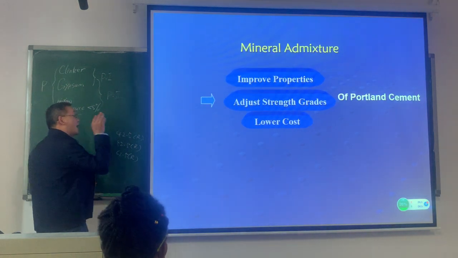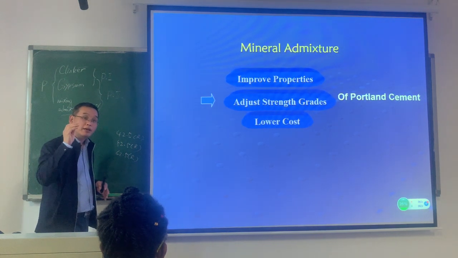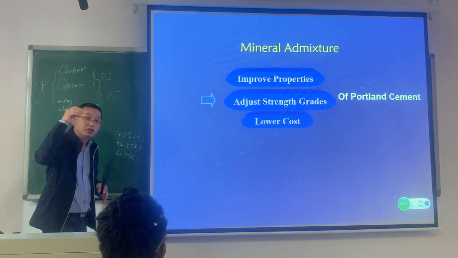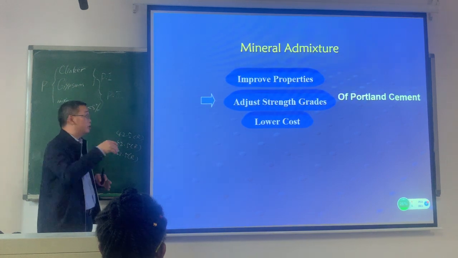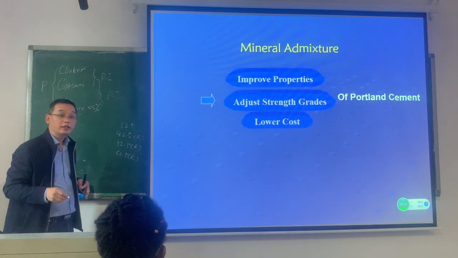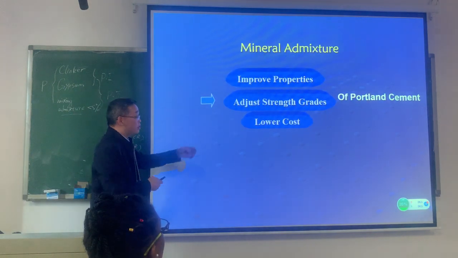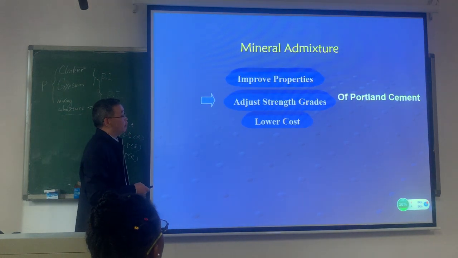Then we can add the mineral admixture into the Portland cement to decrease the strength grade, such as 32.5. So we can adjust the strength grade of cement.